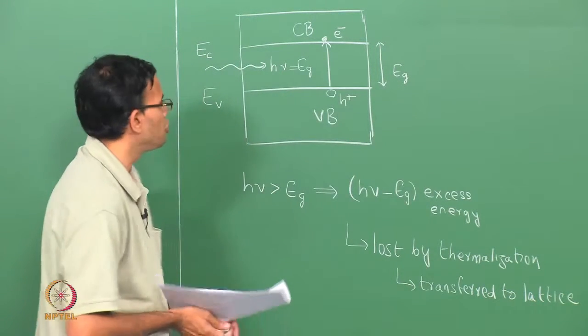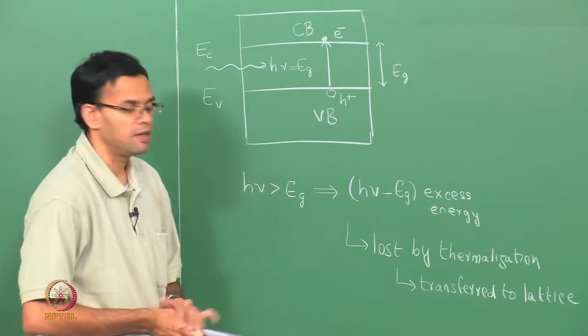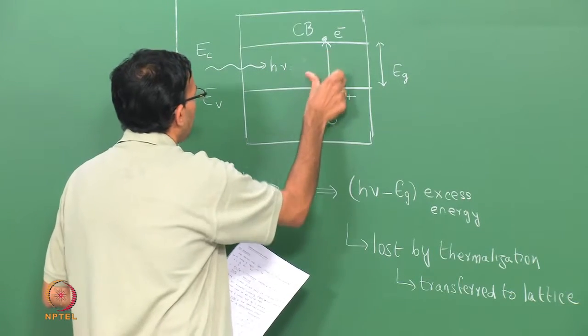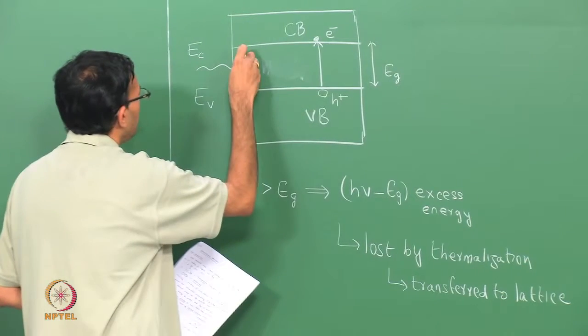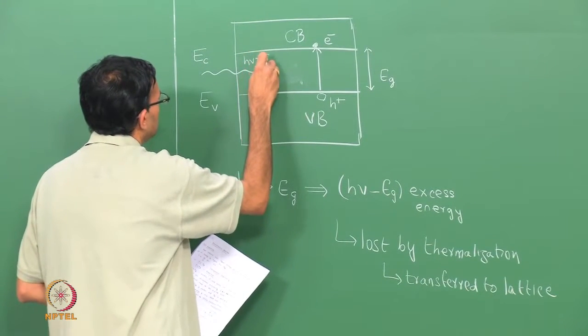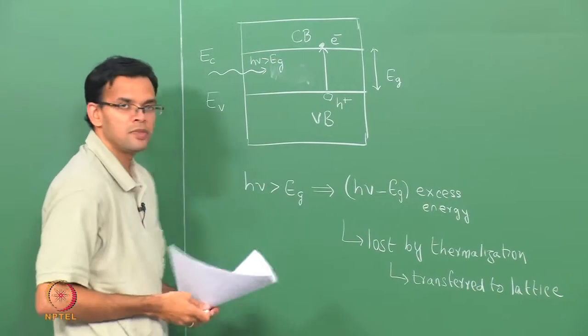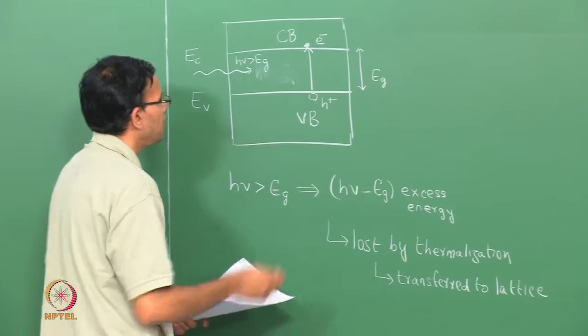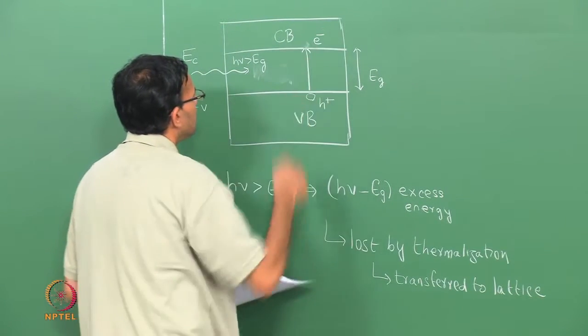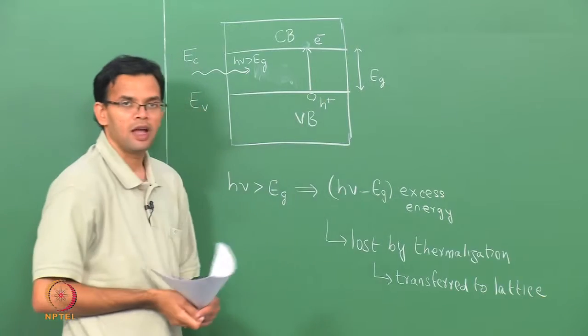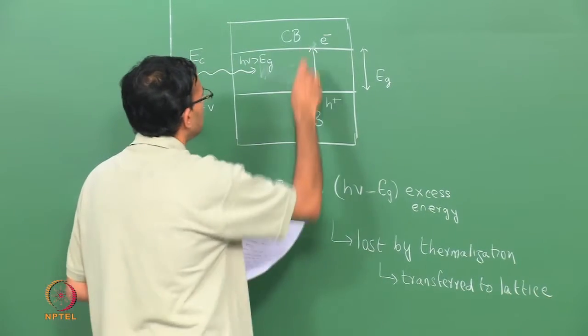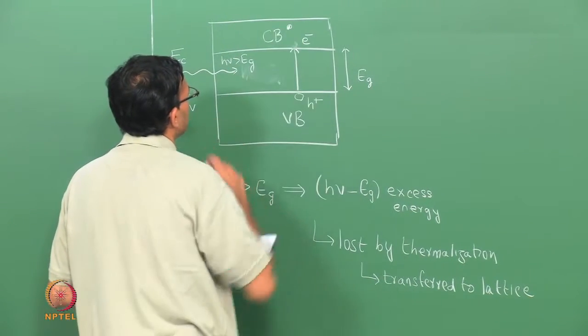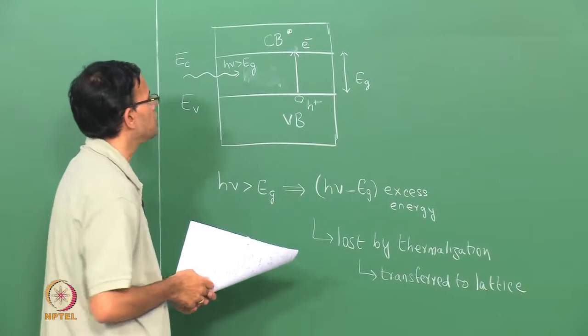So, if I want to show that, I will use the same diagram, but now I have h mu that is greater than Eg. In this particular case, I can have a hole at the top of the valence band, but my electron can be somewhere within the conduction band.